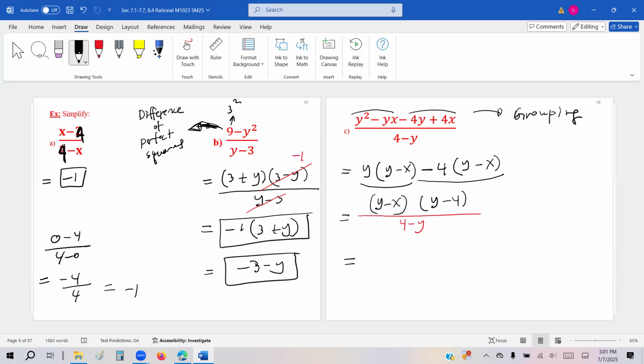The second group starts with a negative sign, so you have to factor out the negative. Anytime you start with a negative, factor that out. So in the second group, we have the same factor y minus x, you factor that out. Then for the first group, you have y, for the second group, you have negative 4, you put that to the right. This is called the grouping method. But we still have a denominator. And now you observe the numerator and the denominator.